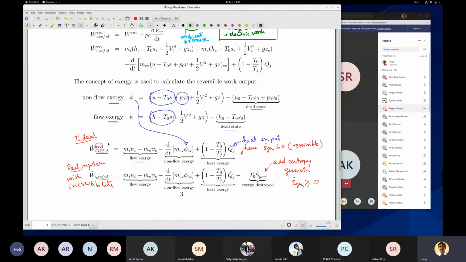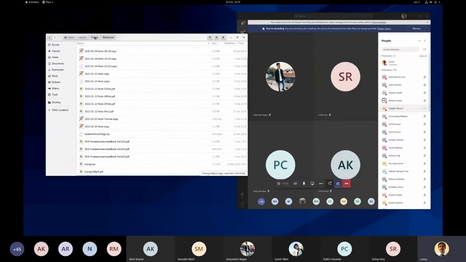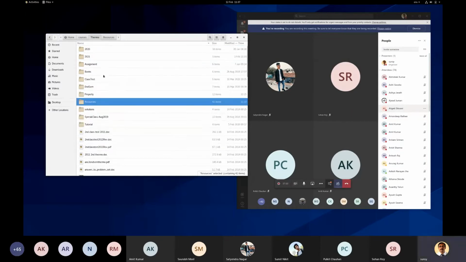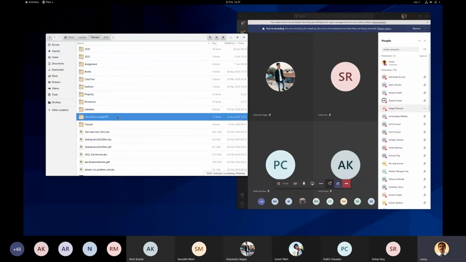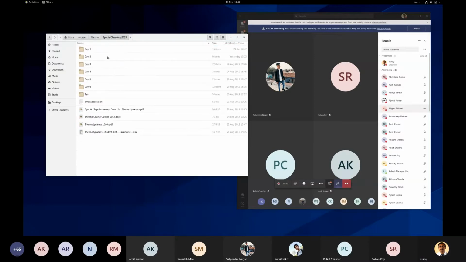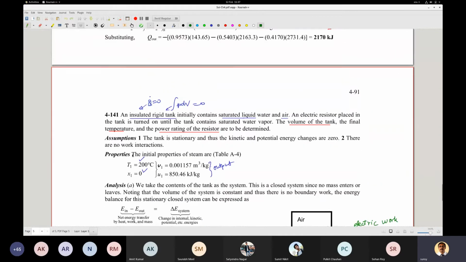Now let us try to do some problems. Some of these problems we discussed in the last class, and let us now discuss some other problems.